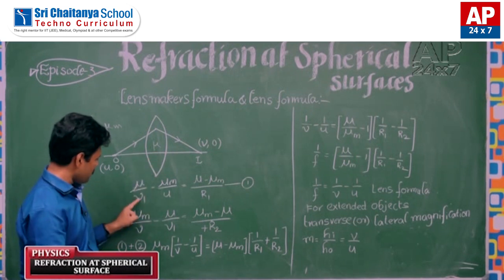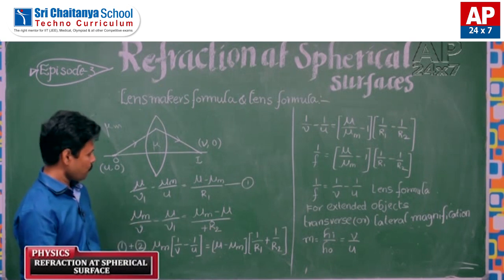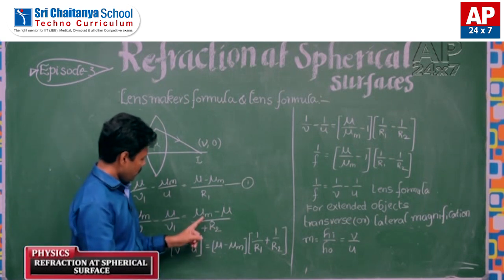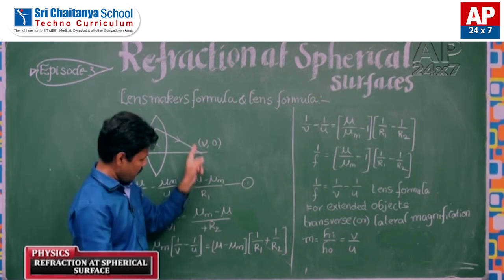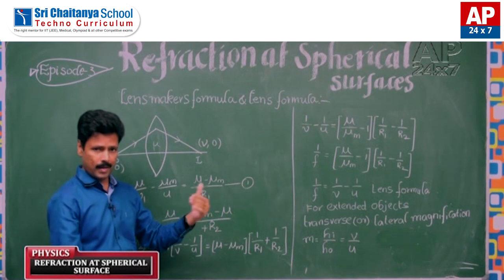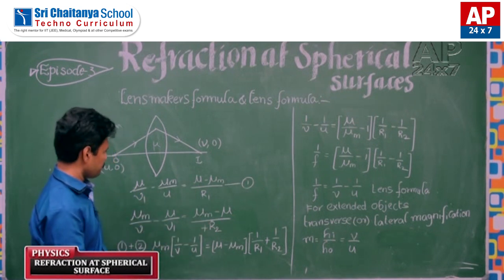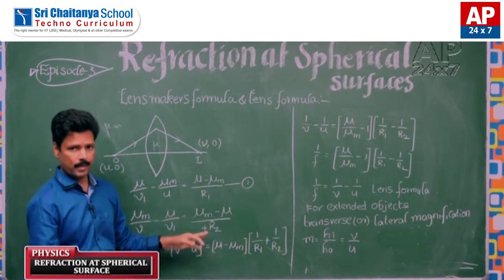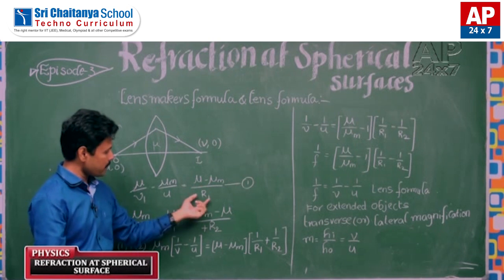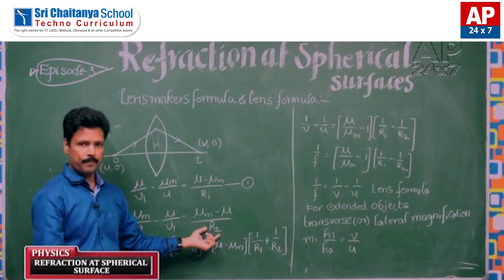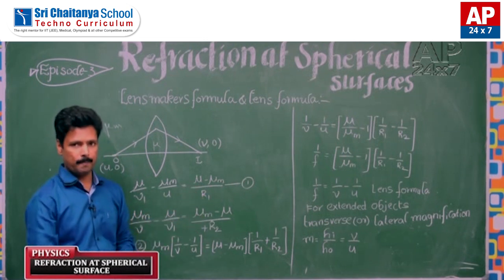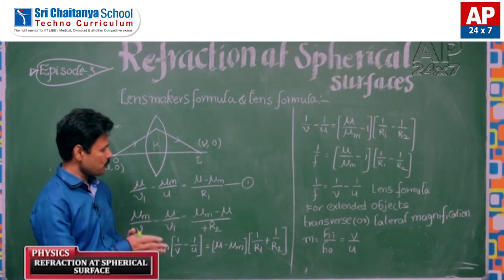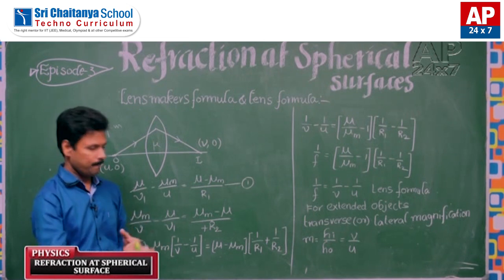That's why we take the same v1, equal to mu 2 minus mu 1, that is mu of the medium minus mu of the lens, by R2. And if you see here, we have not taken the sign convention for R1, R2. That means we are going to derive the expression in general, and finally we have to substitute the values with proper sign.